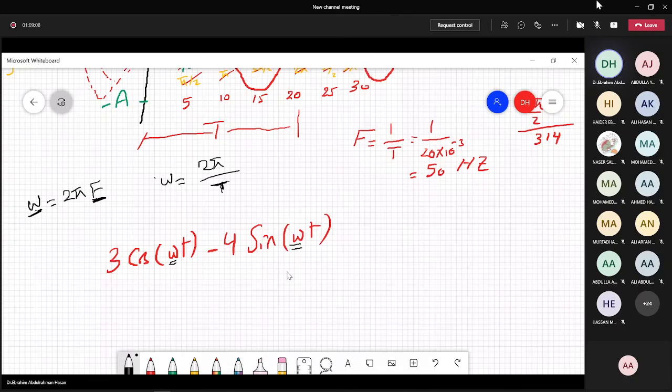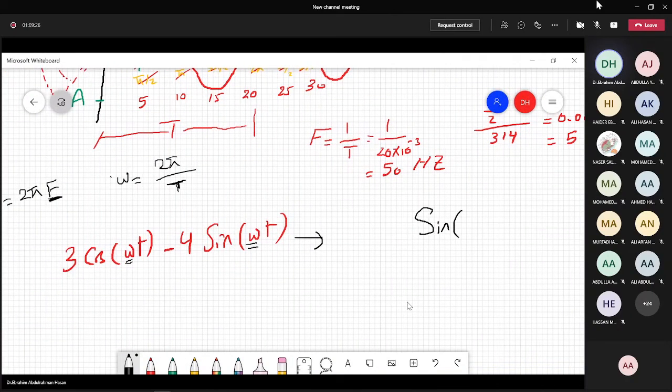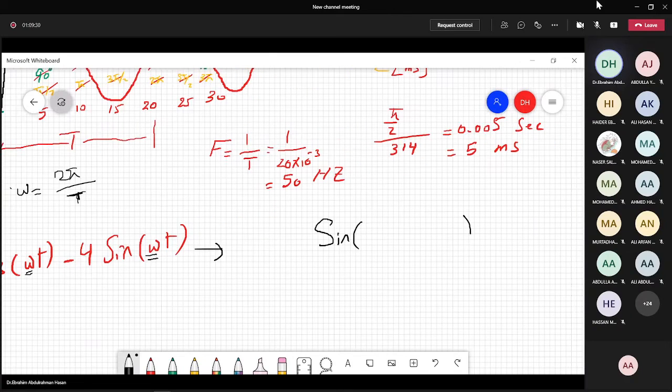If I say this is 50 and this is 50, then I will get exactly a sine wave. Sine and cosine are the same thing, except for 90 degrees.